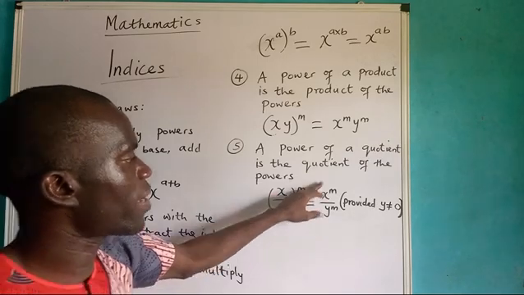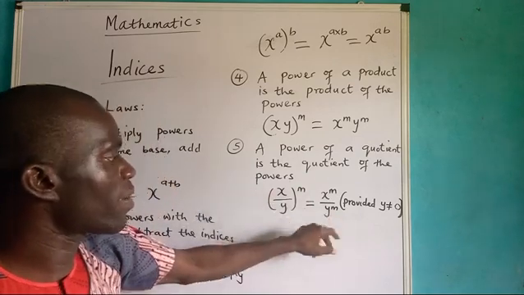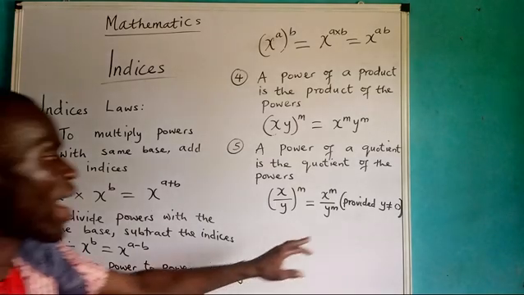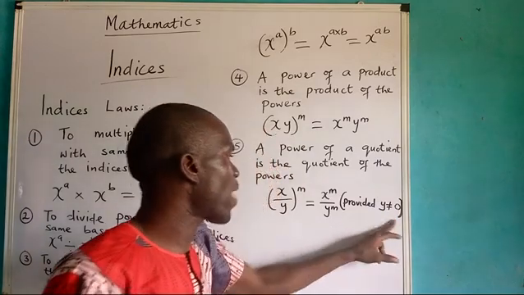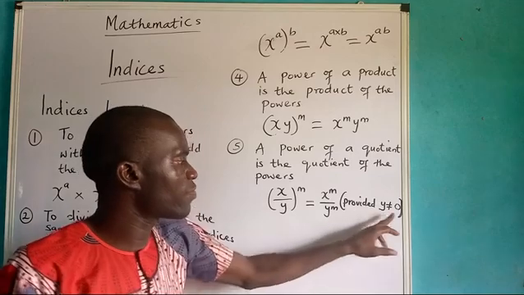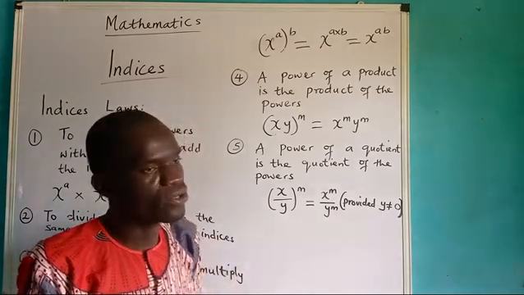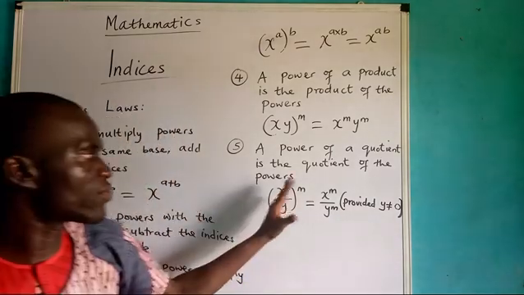We have x to the power n over y to the power n, provided y is not equal to 0, because if y becomes 0, the fraction will be undefined.